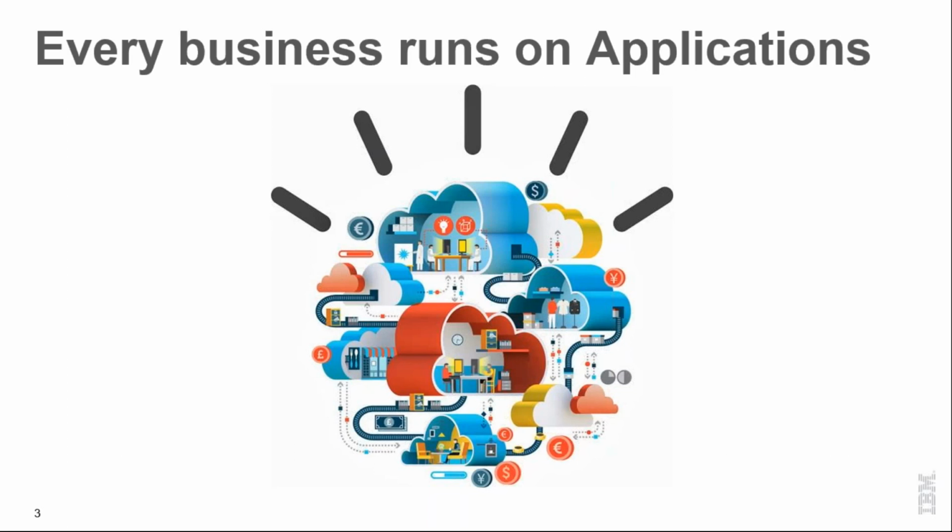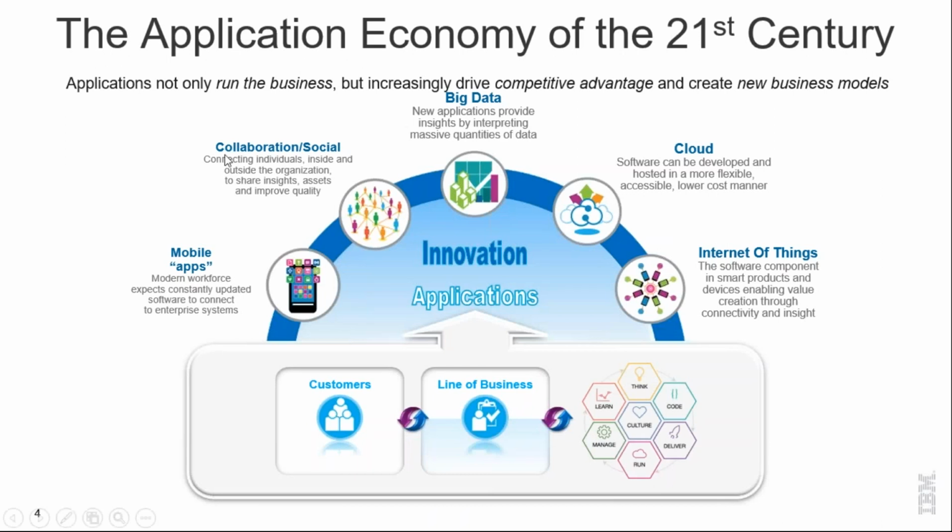So if you go to the next slide very quickly. We talk about applications and digital enablement, and ultimately in the context of what we call the new application economy. What this really means at the end of the day is we're looking at an explosion of apps. You've got mobile apps. Everybody's got maybe 20, 200 apps on their phone. We all collaborate on a regular basis. We're all on Facebook, LinkedIn, pick your collaboration exercise.